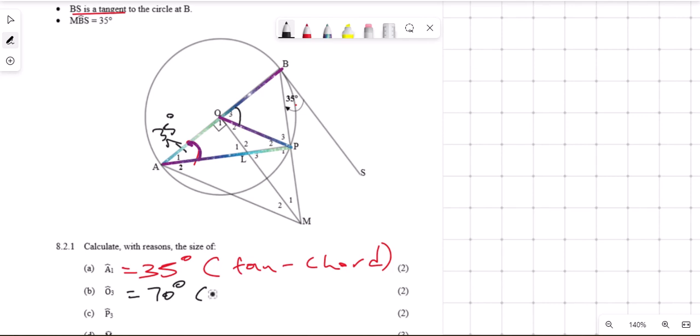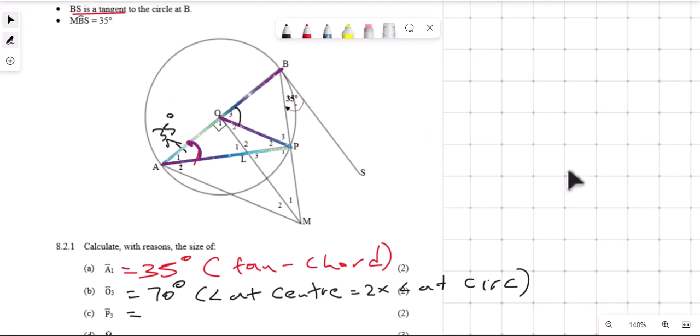Angle at the center is equal to 2 times the angle at the circumference. Is that okay? Yes. So this is some good news there.